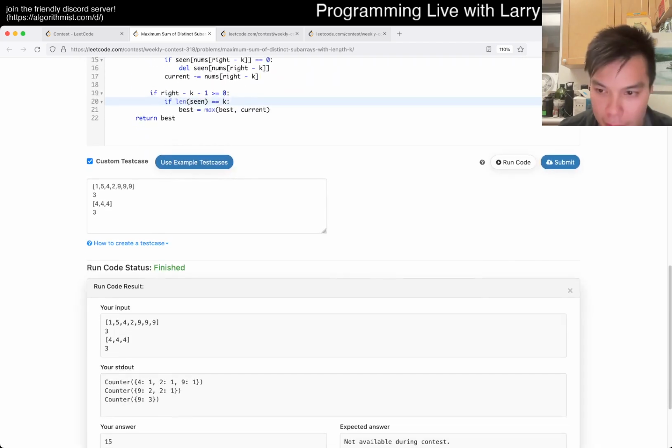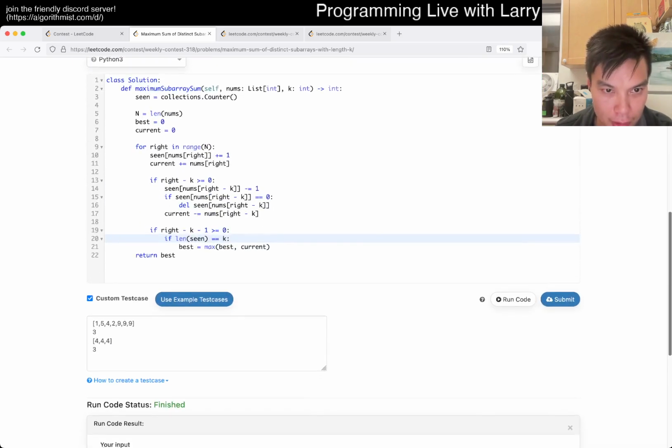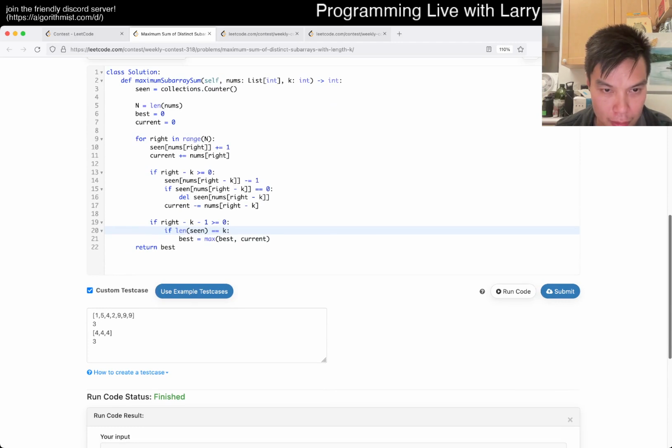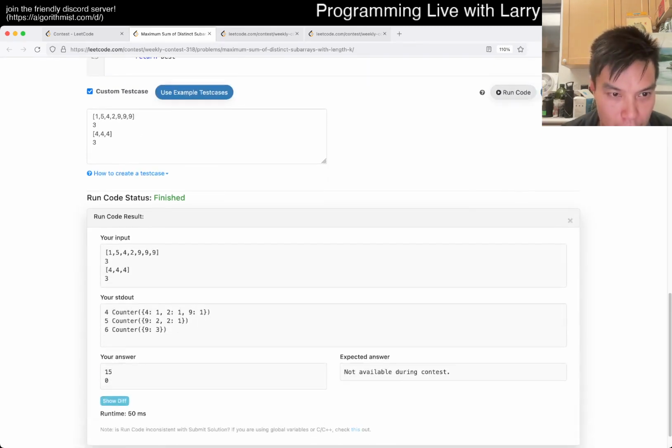So it should be 154, right? So that means there's something wrong with this. Oh, why though? So 429 is really wrong.